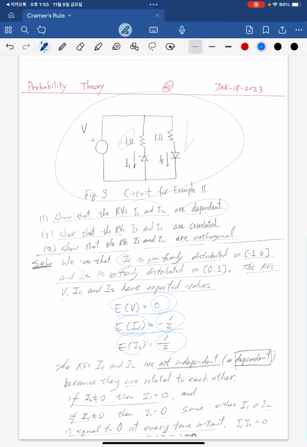I1 and I2 are not independent, they are dependent because they are related to each other.